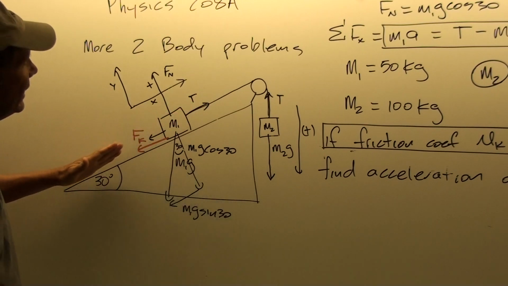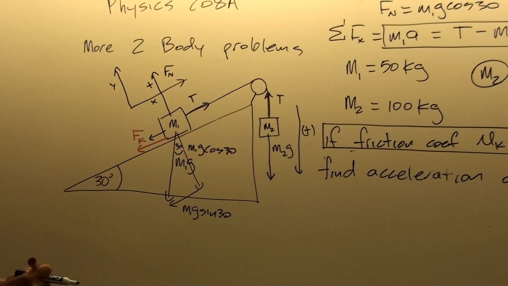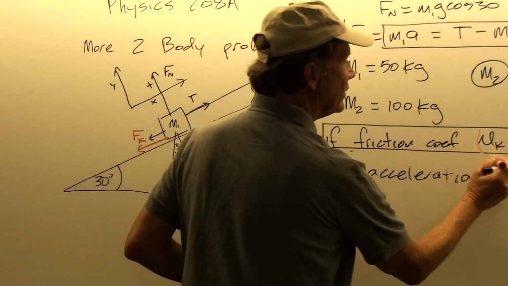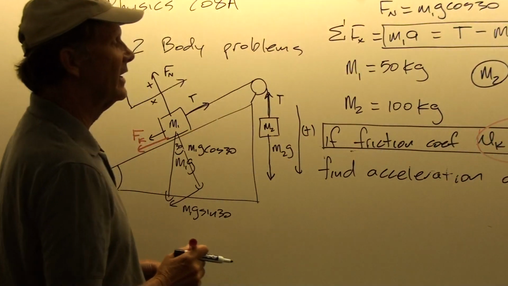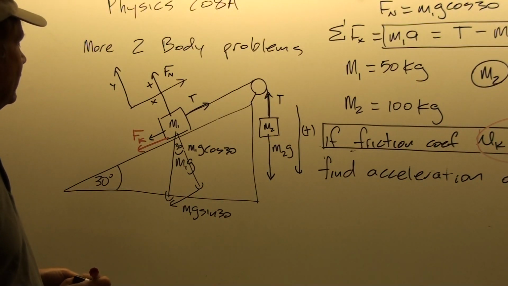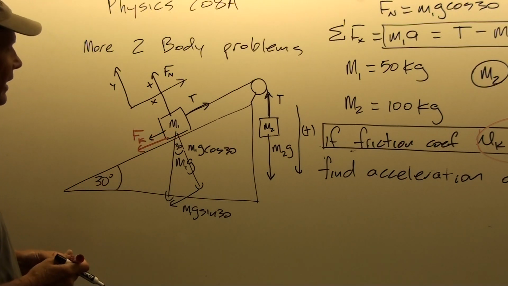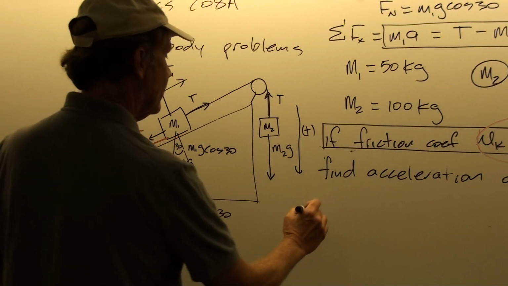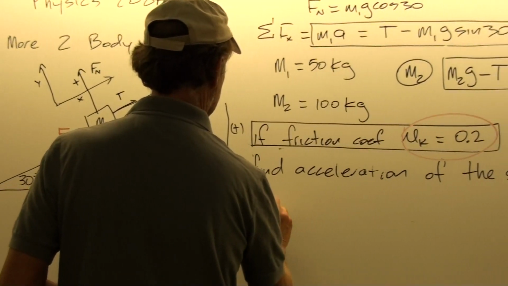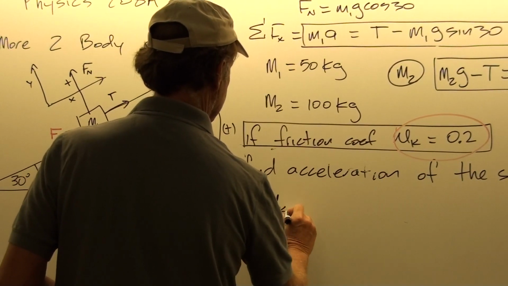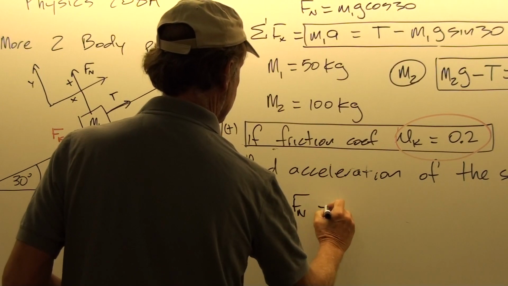But M1 is always sliding and grinding across the surface, and so that's what we're referring to when we say that we have a friction coefficient of 0.2. It means the surface is rough enough to create that amount of friction force. We also know that Fk, the friction force, is equal to the coefficient of kinetic friction times the normal force.